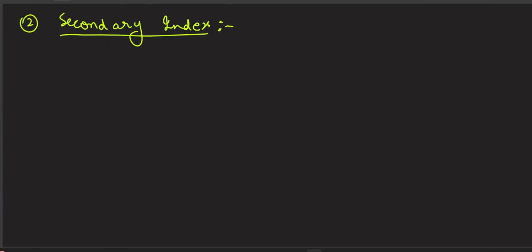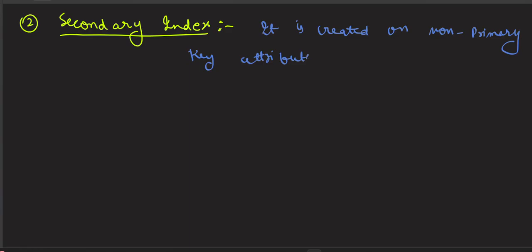A secondary index is created on a non-primary key attribute, and it is useful when queries involve fields other than the primary key. For example, an index on name in a student table.